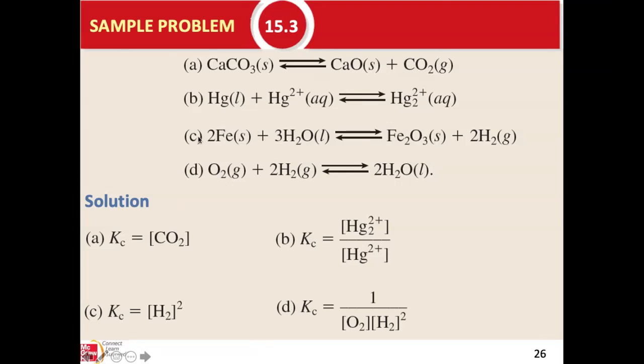For C, we only have the concentration of hydrogen gas, H2, raised to the power of 2. And for D, the product is a liquid, so we're not going to include it. We just put 1 over the concentration of O2 gas times the concentration of H2 gas raised to the power of 2.